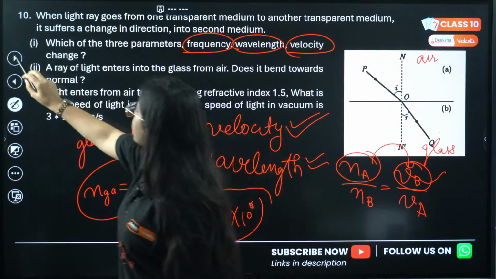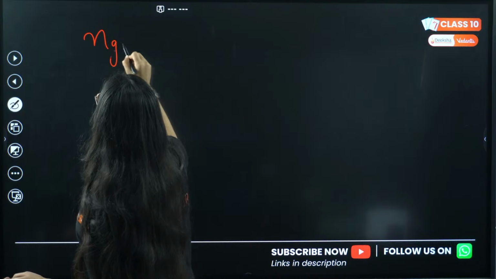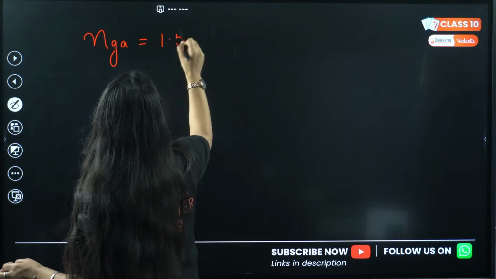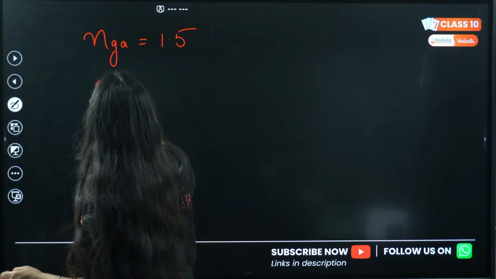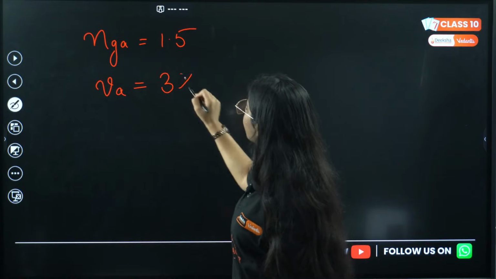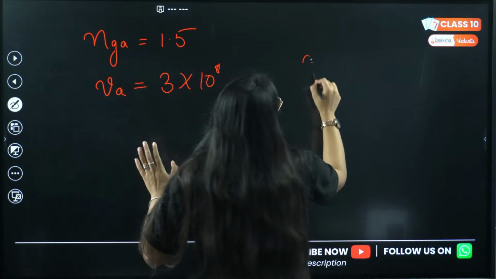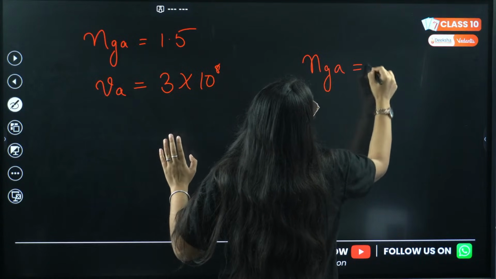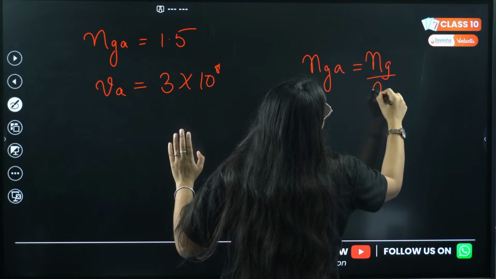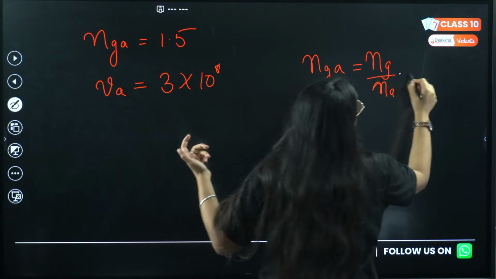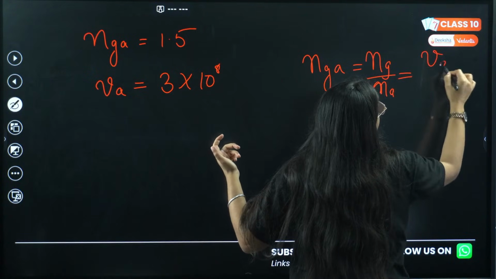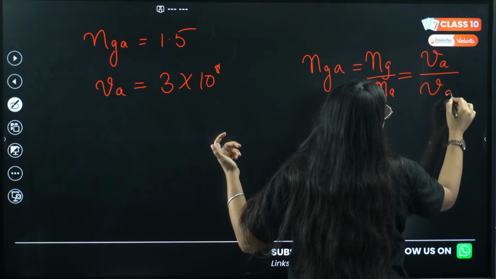Okay, let's solve this. So the refractive index of glass with respect to air is given as 1.5. Velocity of light in air is given as 3 into 10 raised to power 8. I just wrote the formula for you guys. So this will be the refractive index of glass with respect to air, and this will be velocity in air divided by velocity in glass.